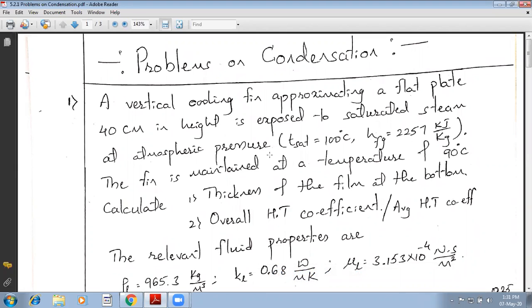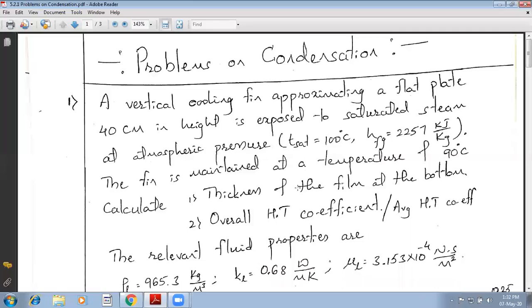A vertical cooling fin approximating a flat plate 40 centimeter in height is exposed to saturated steam at atmospheric pressure with a saturation temperature of 100 degrees Celsius and HFG, which is latent heat, equal to 2257 kilojoules per kg.